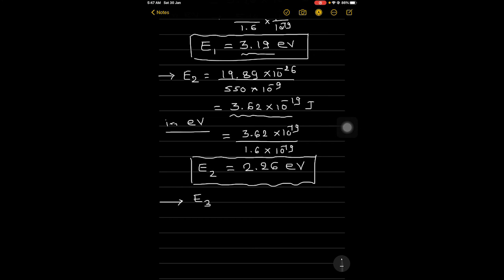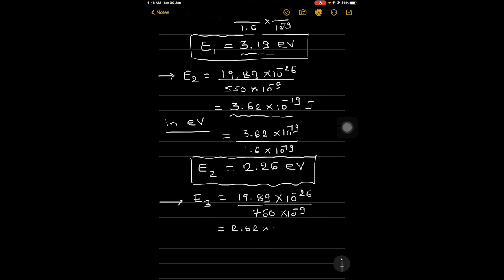So E3 will be again 19.89 into 10 raised to minus 26 divided by lambda 3, that is 760 into 10 raised to minus 9, which comes out to be 2.62 into 10 raised to minus 19 joule.